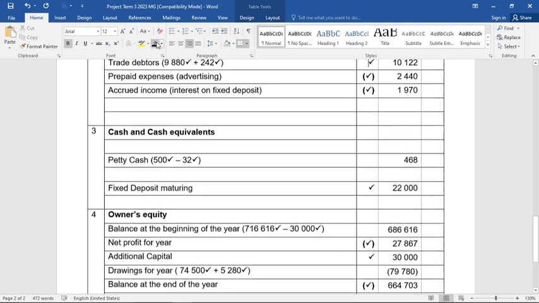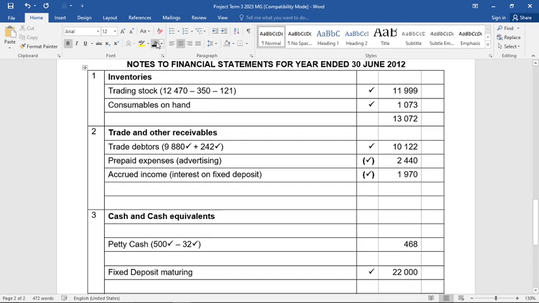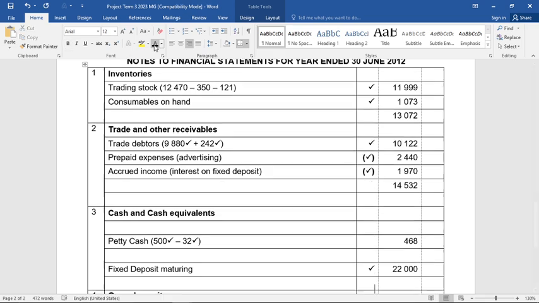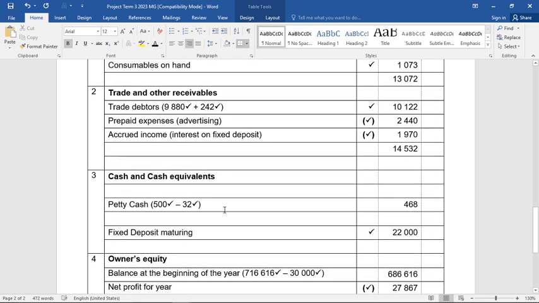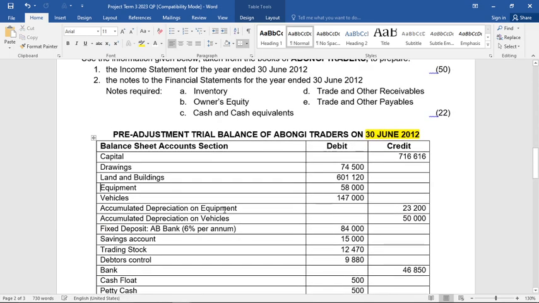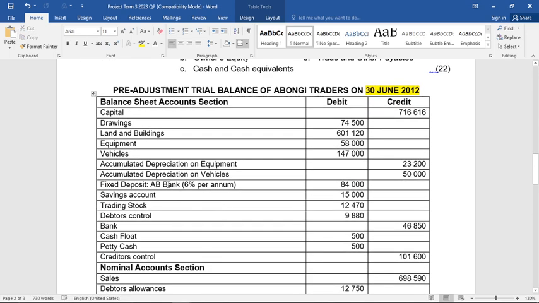Just to clean up some of our notes, we've already done inventories. Trade and other receivables we also finished with, so we could put the little total over there just to be done with the note number 2. Cash and cash equivalents has got 2 gaps here. What accounts would go to cash and cash equivalents? I'm sure some of you would have been tempted to put bank there.